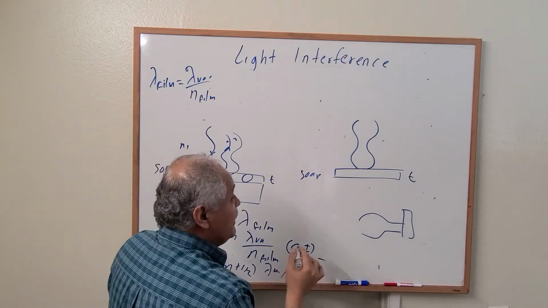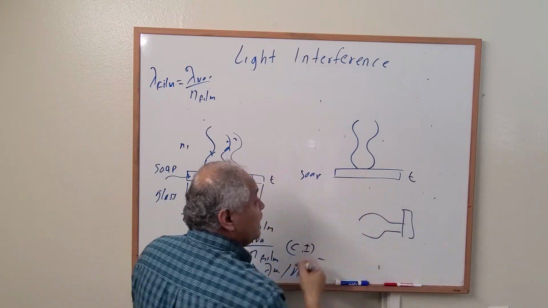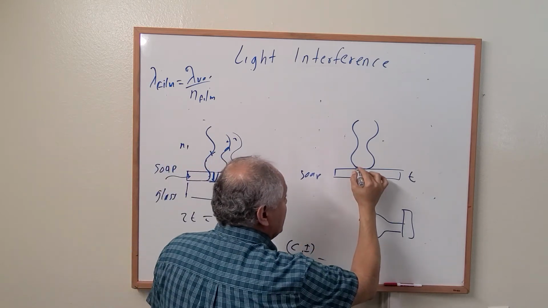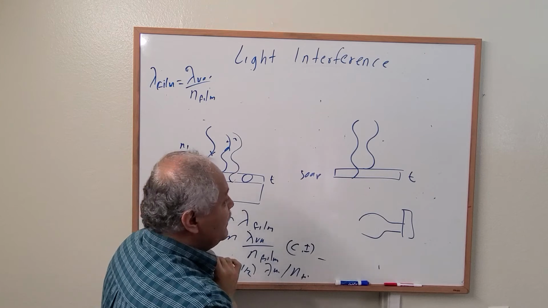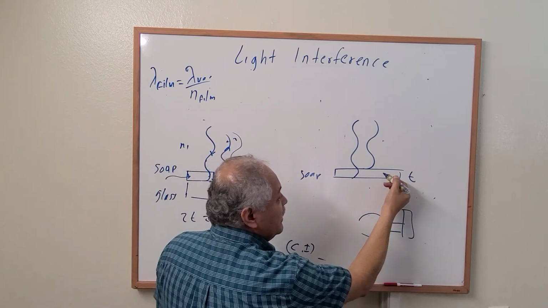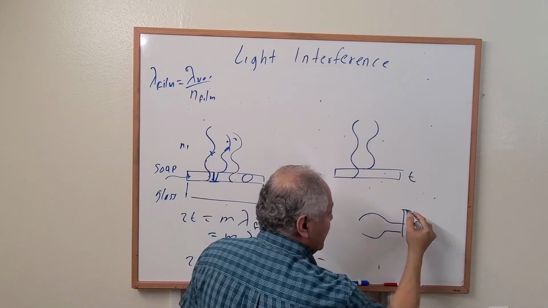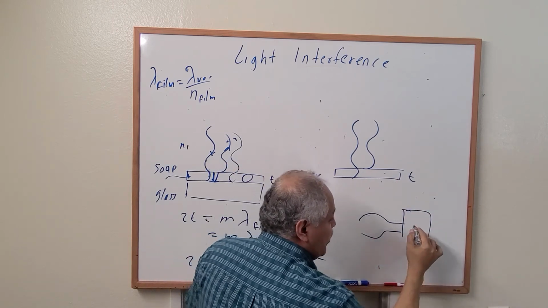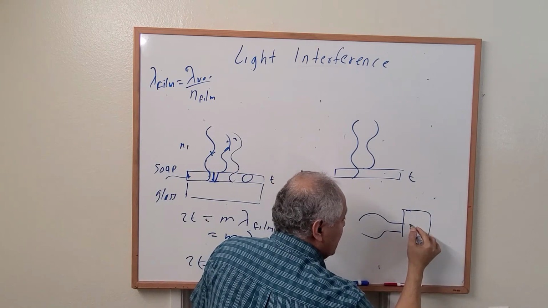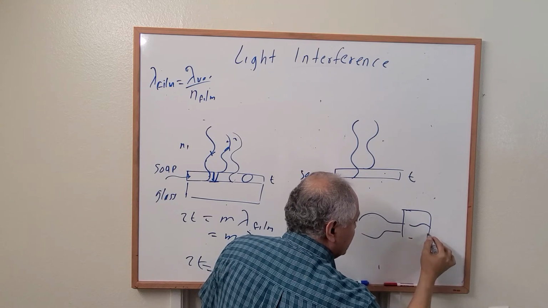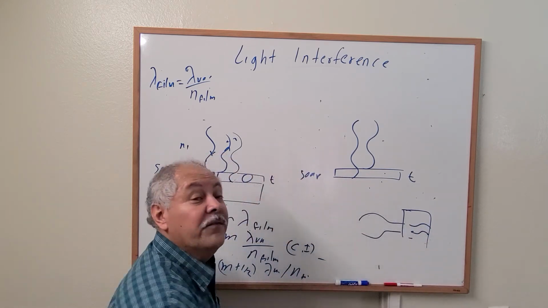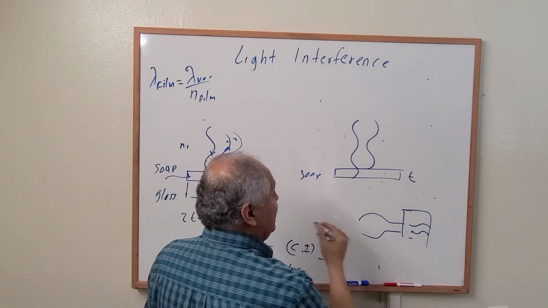Perfect, opposite direction, out of phase, reversed. Okay, now let's go through the film. Okay, it's coming in this way, imagine. Now, right here we are going from an index of refraction higher than the other one. If we have again the glass and we're going from the glass to air, we mentioned this is reflected in phase. Okay, in phase, right?